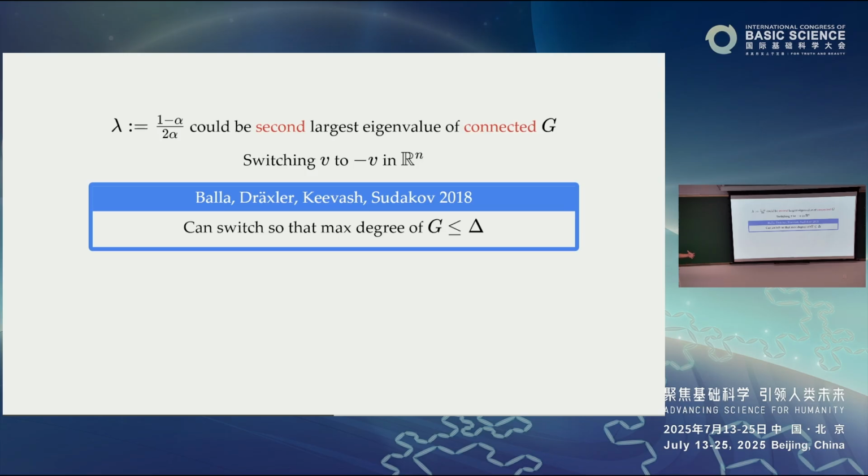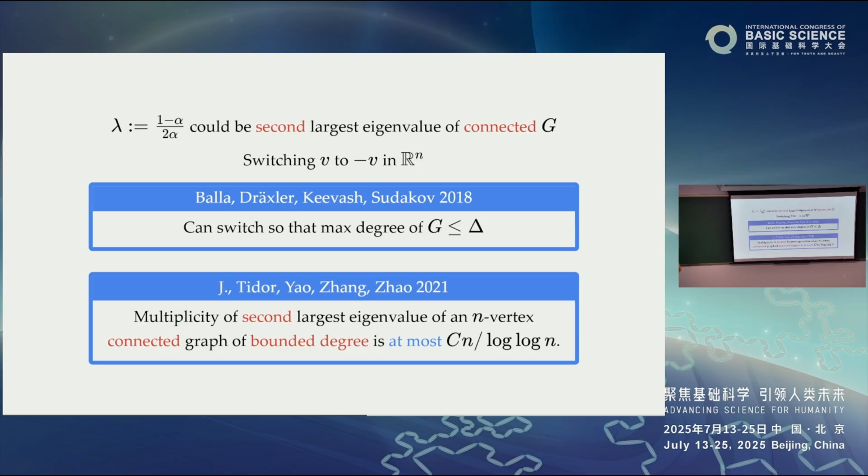So in a sense, you have this kind of canonical way of representing equiangular lines with a graph G that's bounded in degree. And what we managed to show is that as soon as you know your graph is connected and bounded degree, then the second largest eigenvalue multiplicity is sublinear in n.